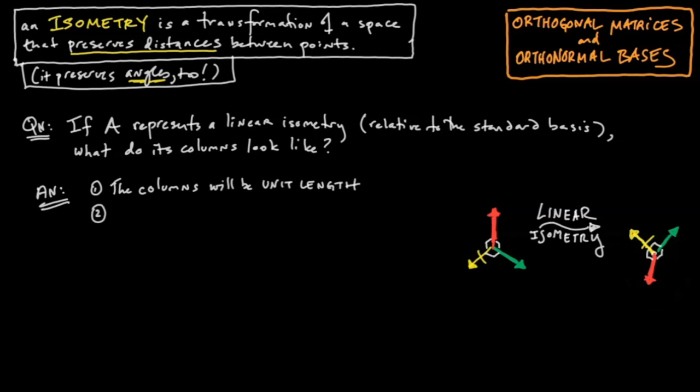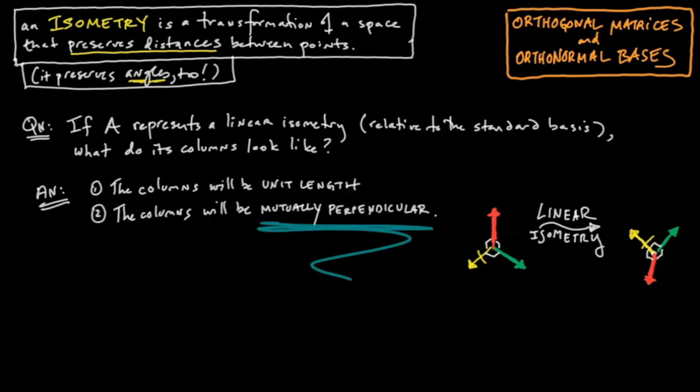But no matter where it ended up, these three vectors, the images of the standard basis vectors, will be the columns of our standard matrix representation of the isometry, and because of the preservation of angles, they, just like the vectors from whence they came, must be mutually perpendicular. So the columns of the matrix we are considering will be not merely unit length, but mutually perpendicular.